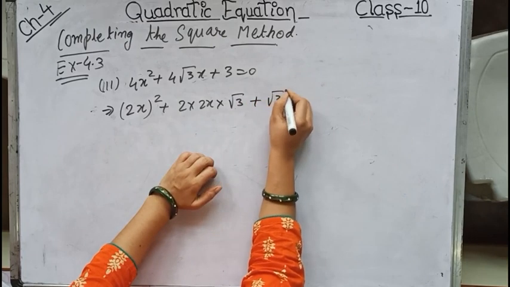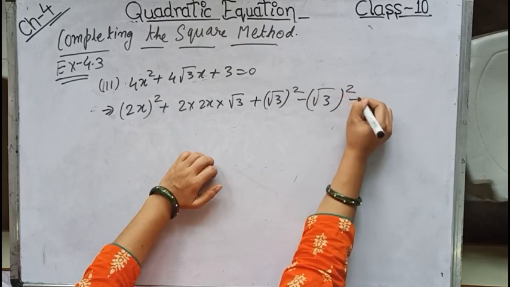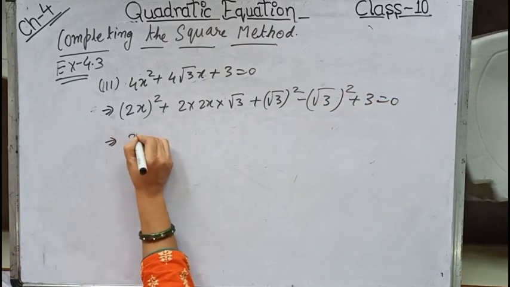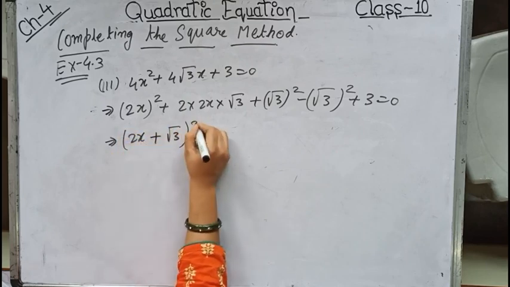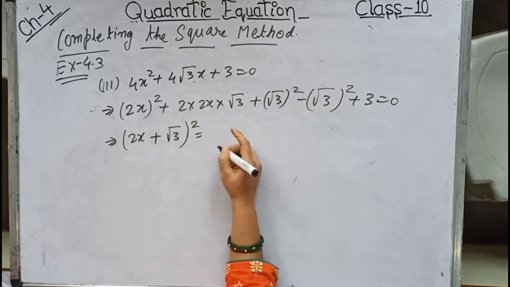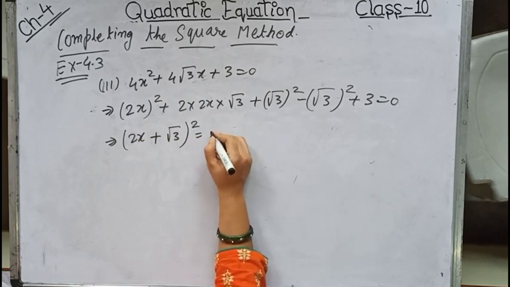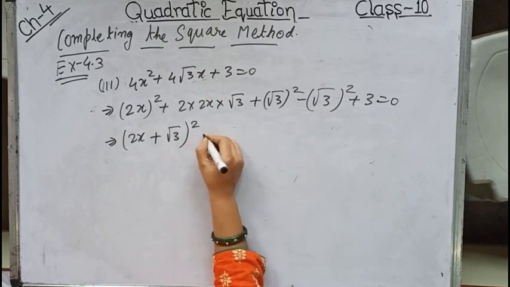So plus of root 3 whole square and minus of root 3 whole square and plus of 3 equals to 0. This implies (2x + √3) whole square equals, this root 3 whole square will be how much? 3. So here it will be cancelled.